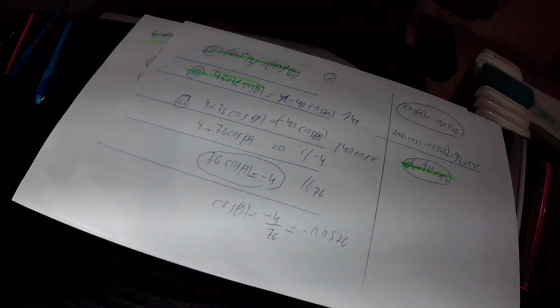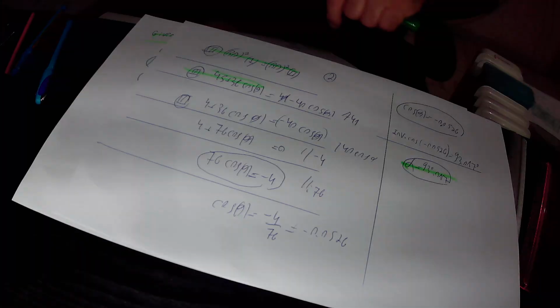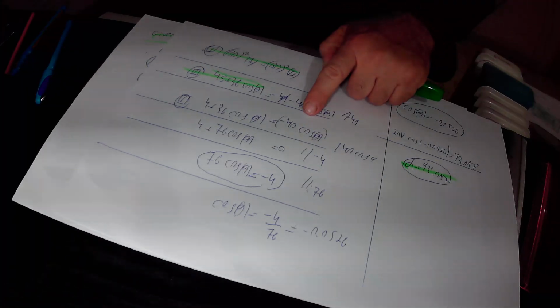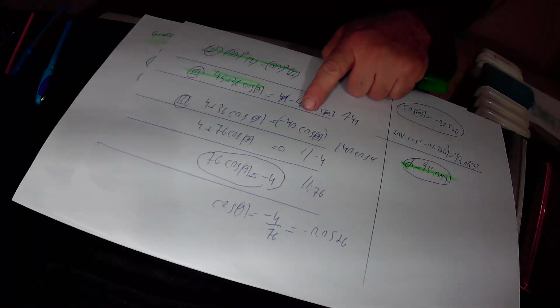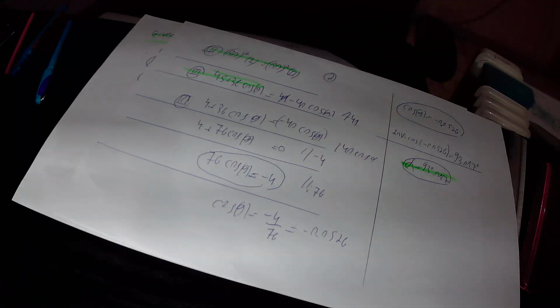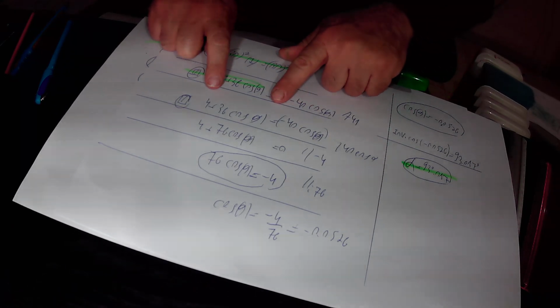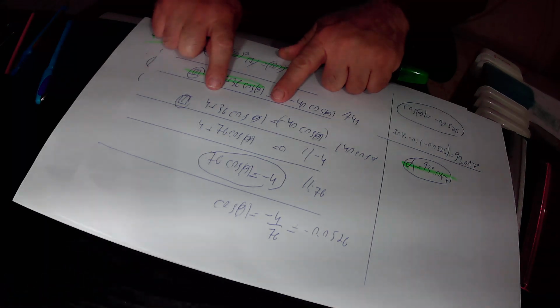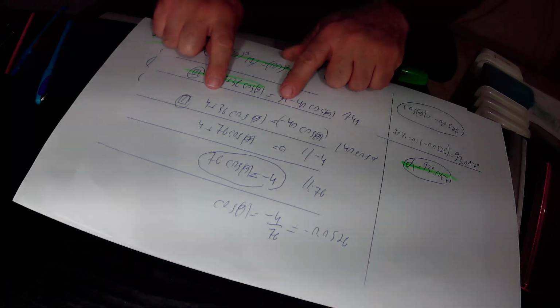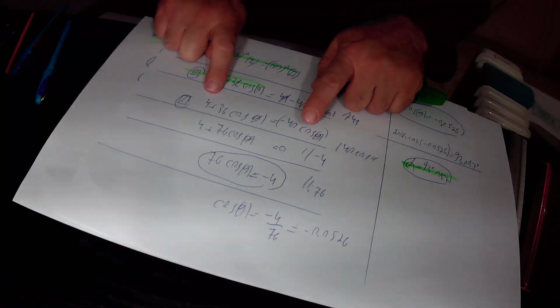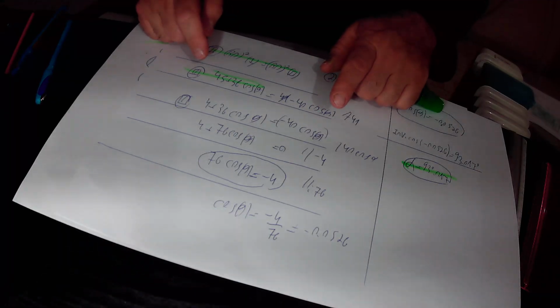So here we add 40 times cosine alpha to this equation 3. Here we are left with nothing, because minus 40 cosine alpha plus 40 cosine alpha equals 0. But on the other side of the equation, we have 4 plus 36 times cosine alpha plus 40 times cosine alpha.